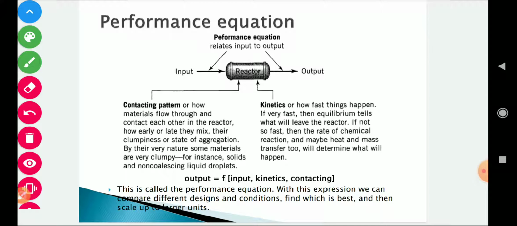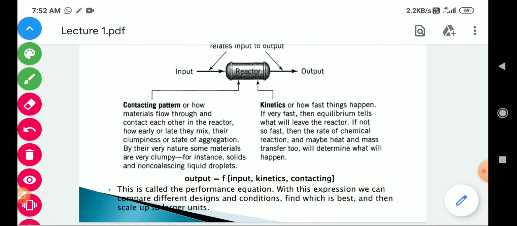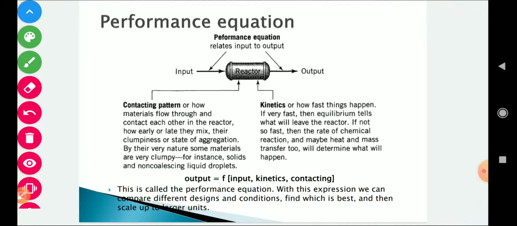On the other hand, contacting pattern is how materials flow through and contact each other. Is there any early or late mixing, and what is their state of aggregation? By their very nature some materials are very clumpy, for instance solids and non-coalescing liquid droplets. Kinetics is how fast things happen.